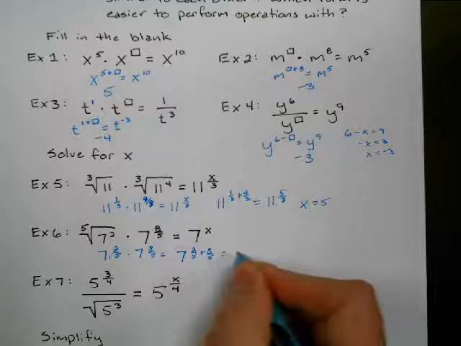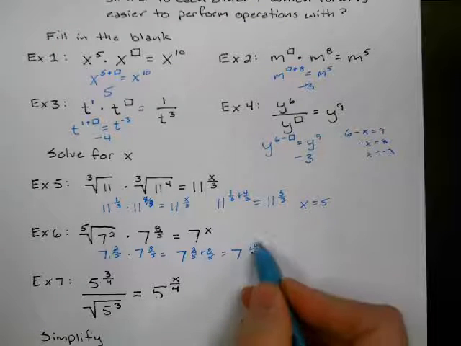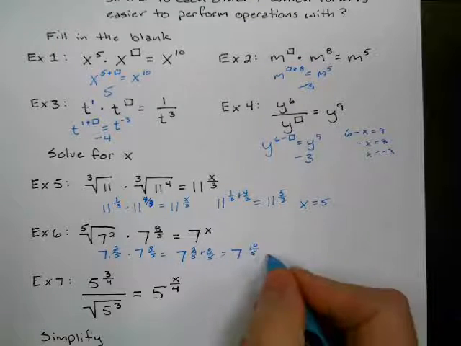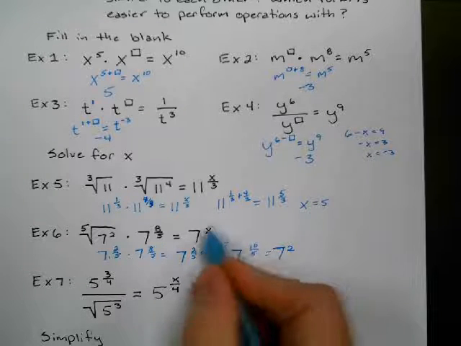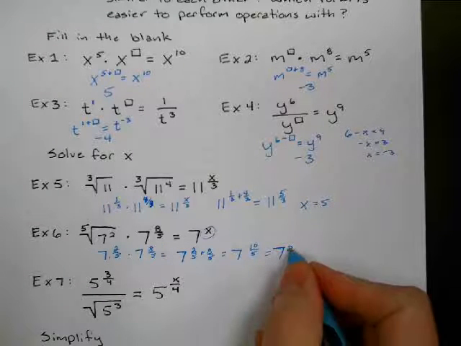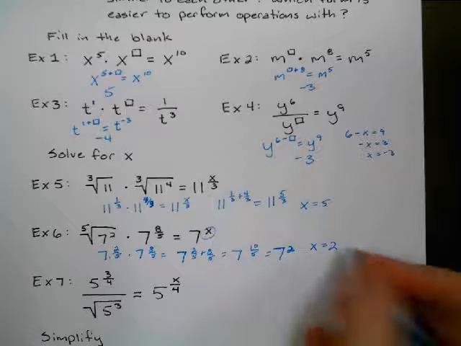And that ends up with 7 to the 10/5. And 10 over 5 reduces to 7 to the 2nd. So what should x be? x should be 2. And I'm getting really sloppy with my writing. So x is 2.